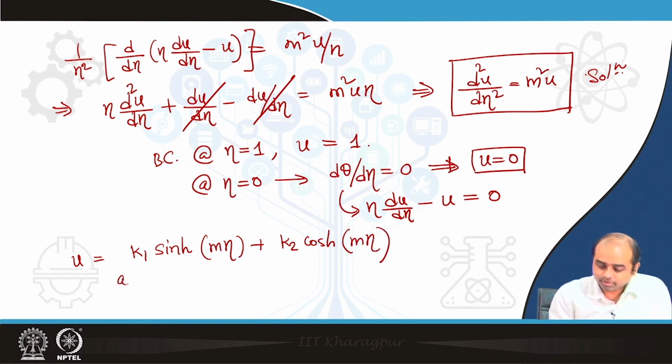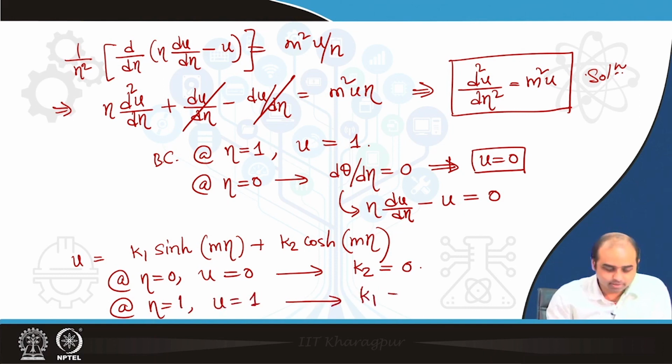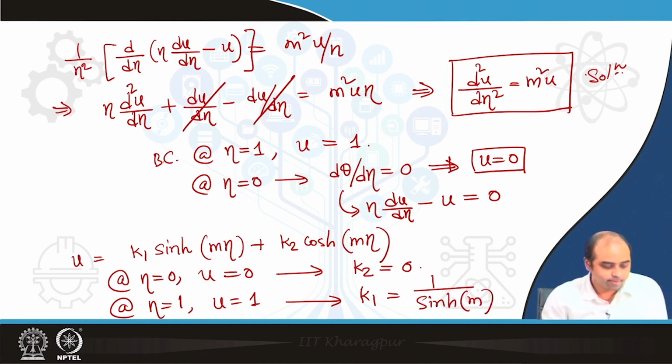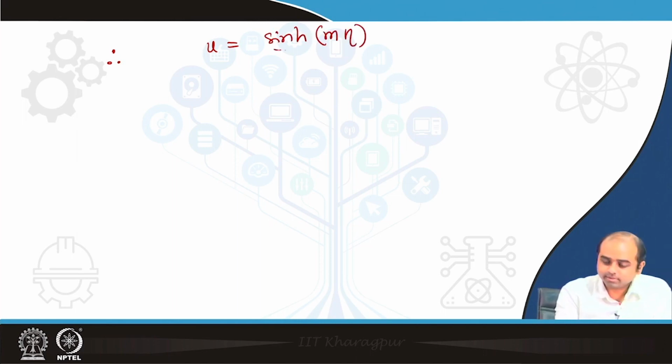So, if you use the boundary condition that for eta is equal to 0, you have u is equal to 0, which leads to the condition that k2 is equal to 0, and for eta is equal to 1, you have u is equal to 1, which gives you the condition that k1 is equal to 1 by sinh m, right. So, u is equal to sinh m eta divided by sinh m.